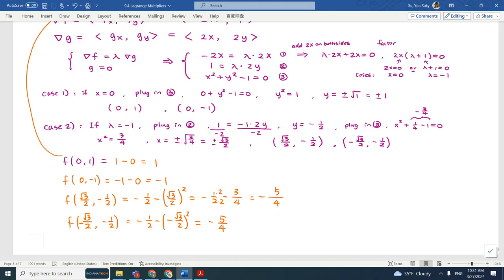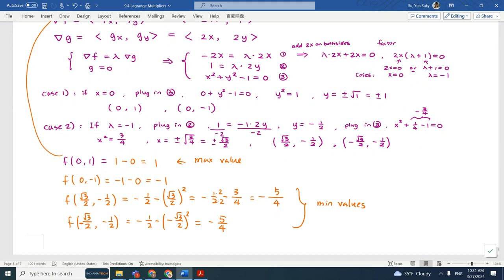Okay, among those 4 points, which one is the biggest? The 1. So this is the maximum value. Which one is the smallest? Yeah, so both of them are minimum values. Okay, everybody?